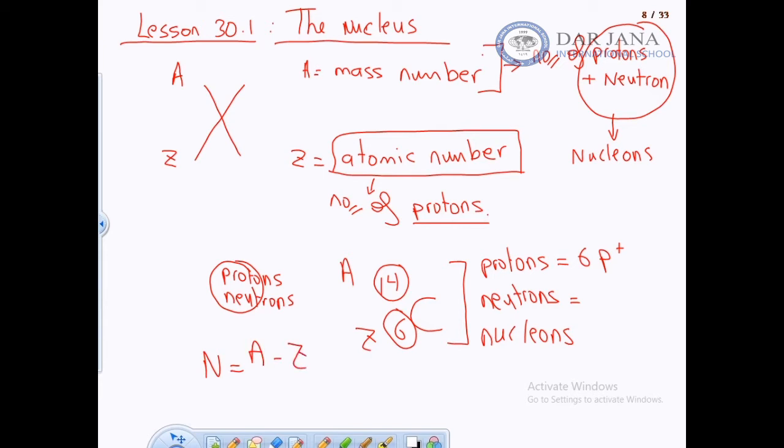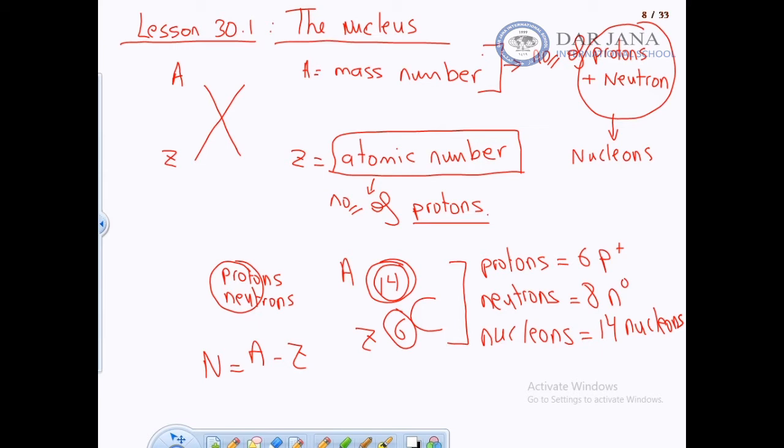So we have 14 minus 6, we have 8 neutrons. Neutrons have charge 0, neutral. And nucleons, neutrons and protons together, are 14 nucleons. So this is simply what goes on inside the nucleus of an atom. We are not interested in this lesson in the electrons. We are interested only in the nucleus since it is nuclear physics.